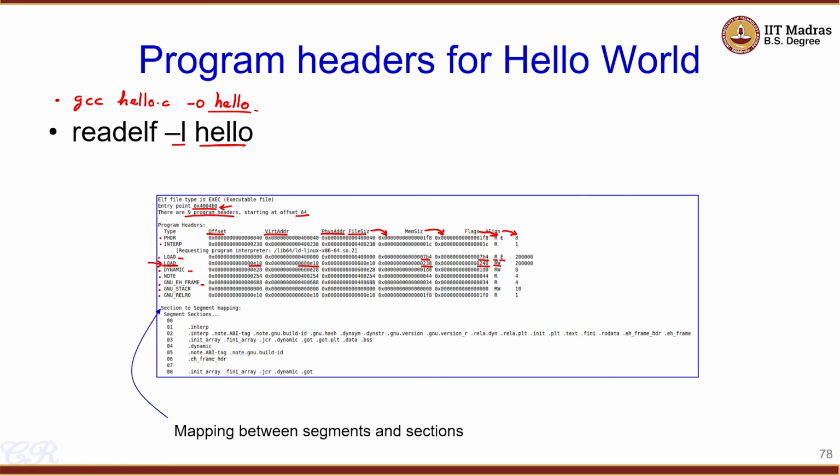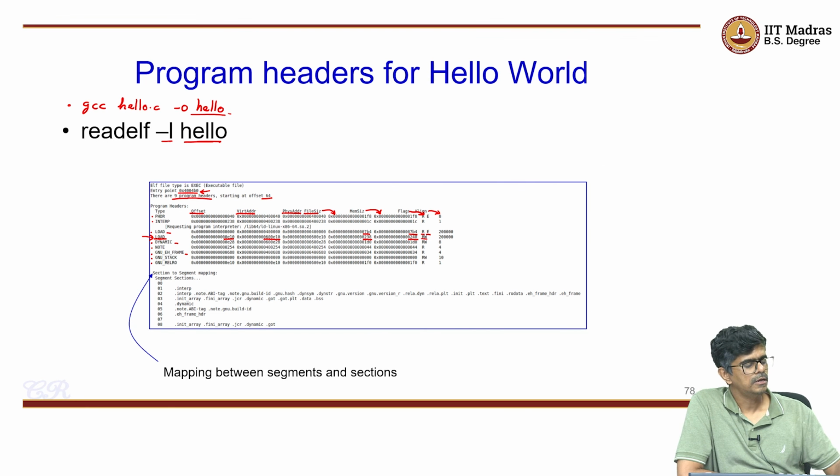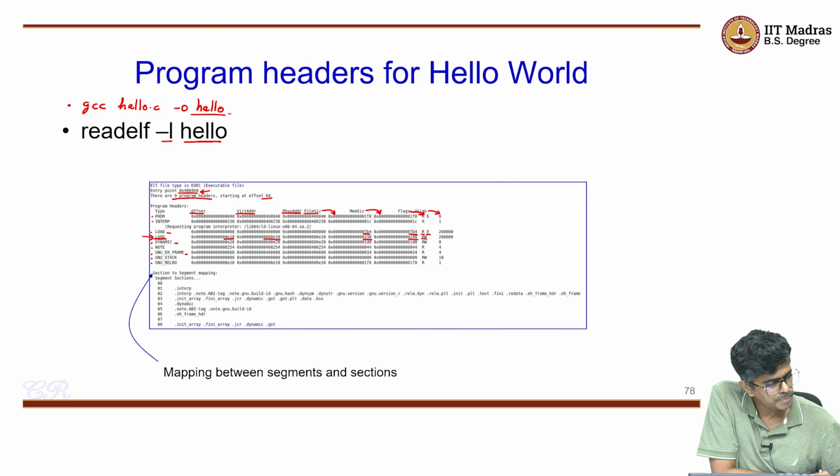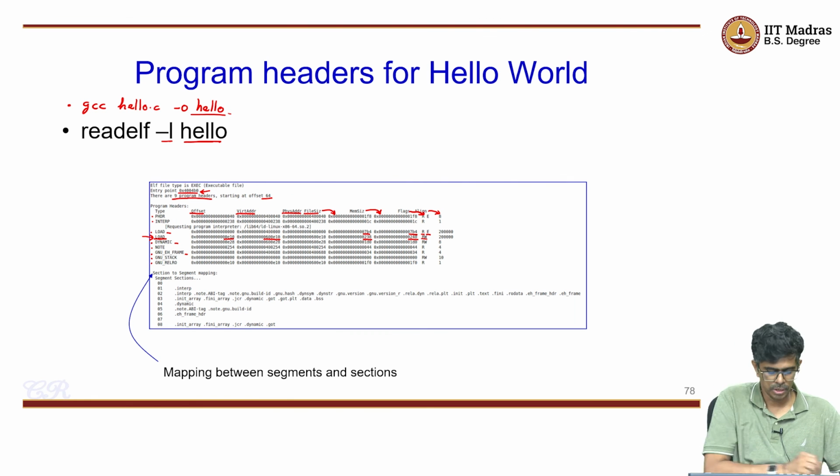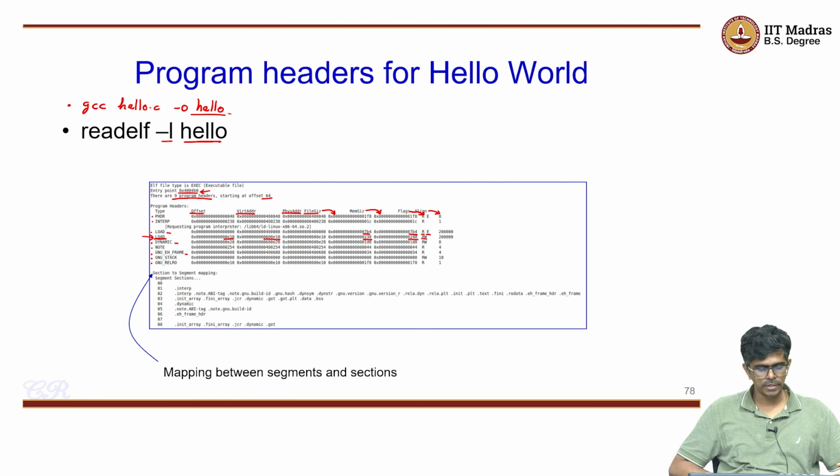Now, when the OS is creating a process using the exec system call, it would look into this program header and create the virtual address space accordingly, right? Also see at this particular point the mapping between segments and sections, right? So they are not two separate things.